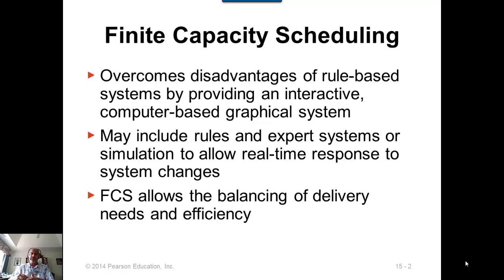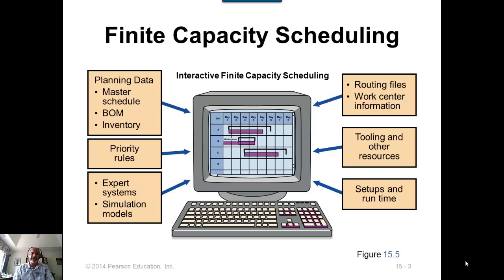You look at the entirety of the shop floor, and this is possible because of the power of the computers that we have these days. So finite capacity scheduling is a computer system that allows you to experiment, do what-if analysis to determine the best possible schedule. A couple of examples are given here.